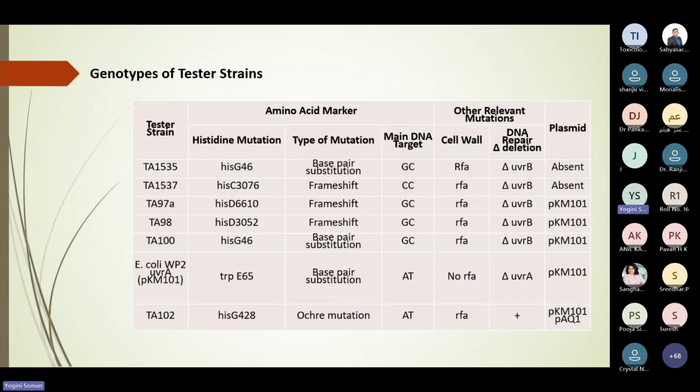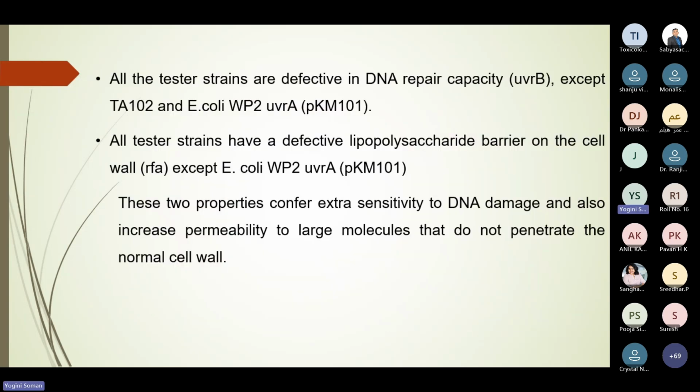Because each strain has different characteristics. You can see there is a base pair substitution in TA1535, TA100 and E. coli. There is an ochre mutation in TA102, and there is a frame shift mutation in TA1537, TA97A and TA98. All these strains have a defective excision DNA repair capacity except TA102 and E. coli WP2.